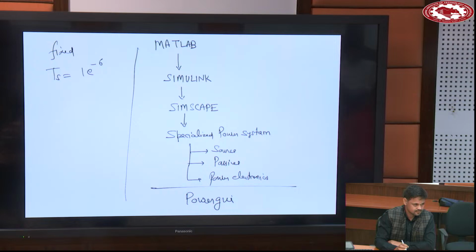Click on powergui, select discrete, put Ts to be 1E minus 6. All settings are done.